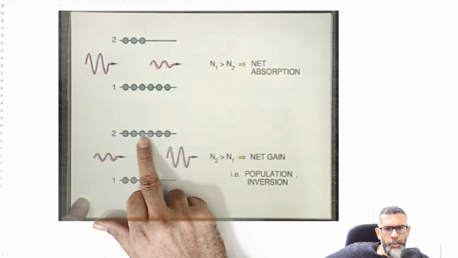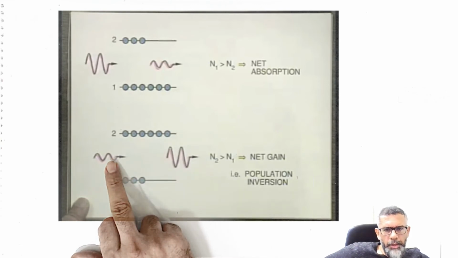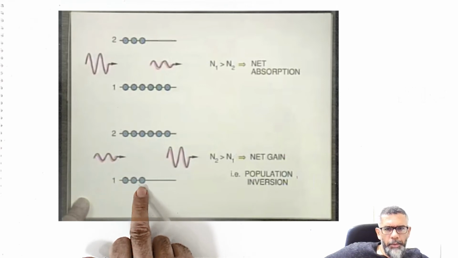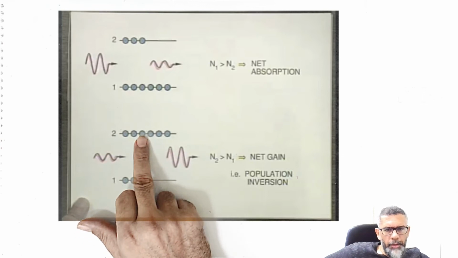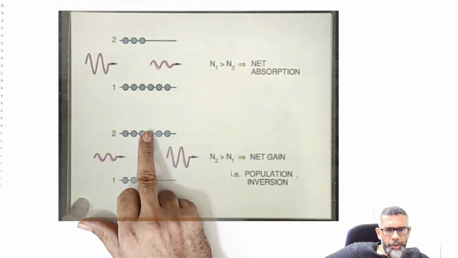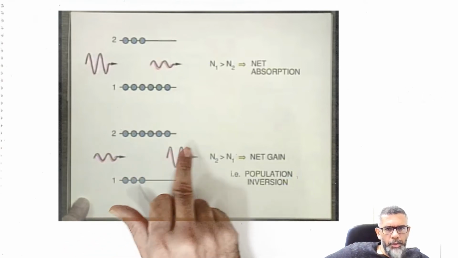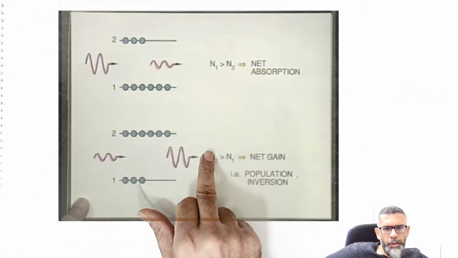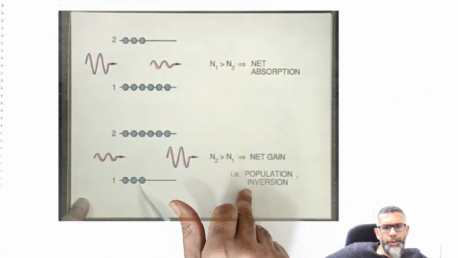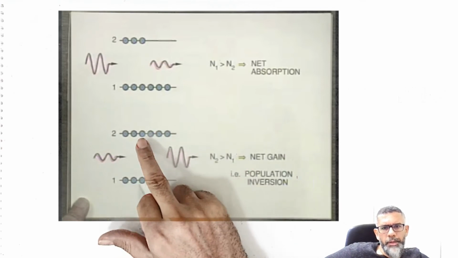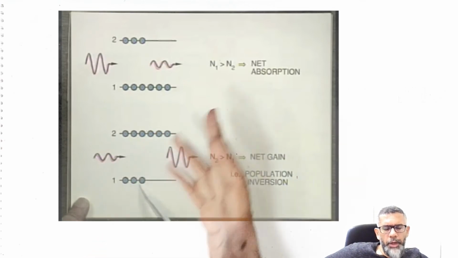Of course, there is a probability that the light will be absorbed by the ground state atoms, but the number of atoms in the ground state is less than the number of atoms in the excited level. So the probability that stimulated emission takes place is larger than the probability of absorption. In that case, we have net gain because N2 is larger than N1, and this process is called population inversion. Population inversion means that if N2 is larger than N1, you have a population inversion.